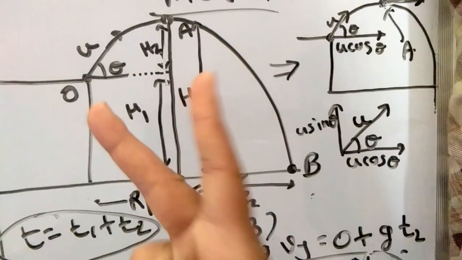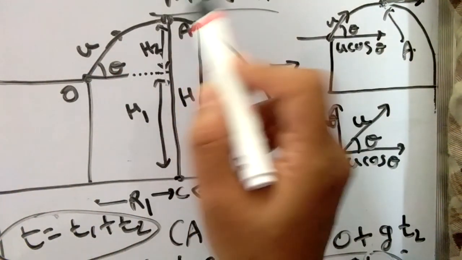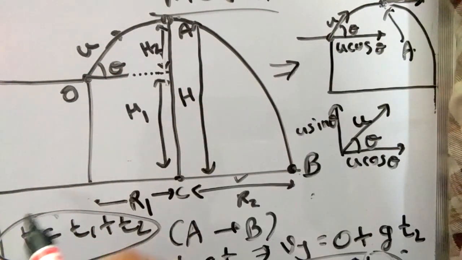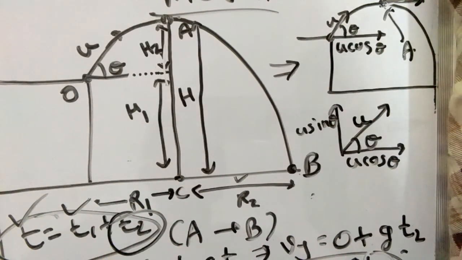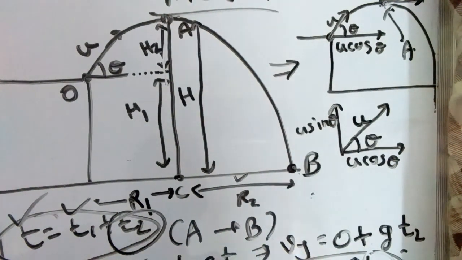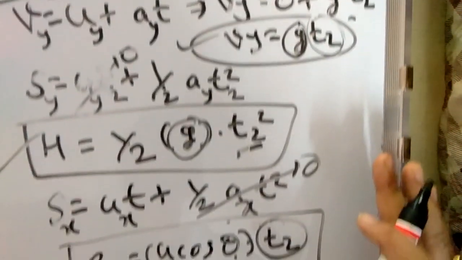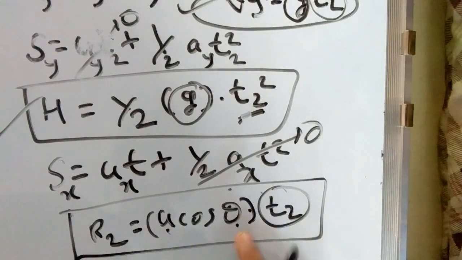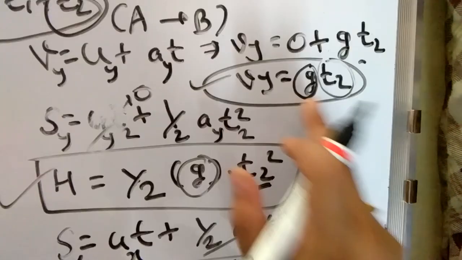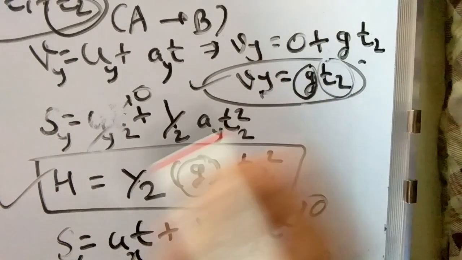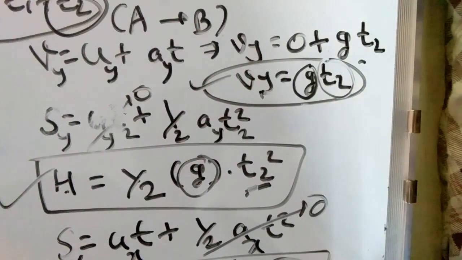It will be divided into two parts: first O to A is t1, A to B is t2. We know t total time, we know t1, we derived it, so we can find t2 easily by substituting the value of t2 here and in the last equation. We know u, theta, g, so we can calculate vy, h and r2.